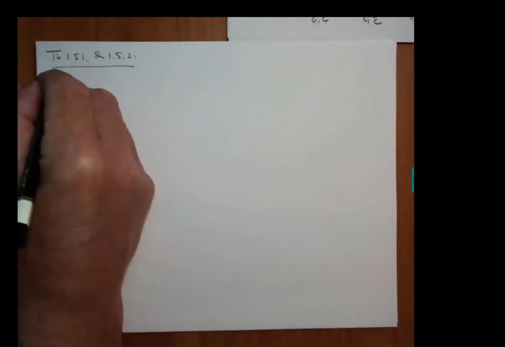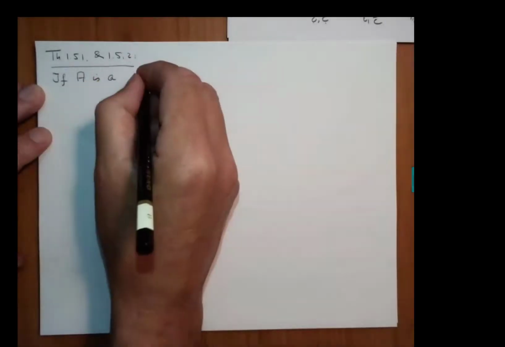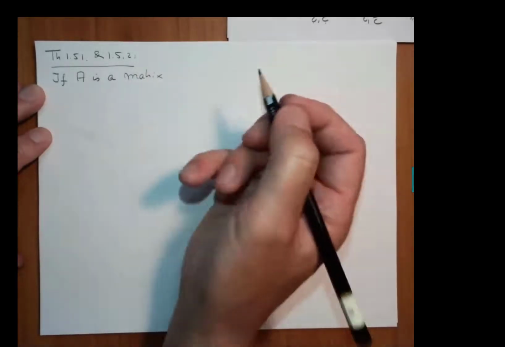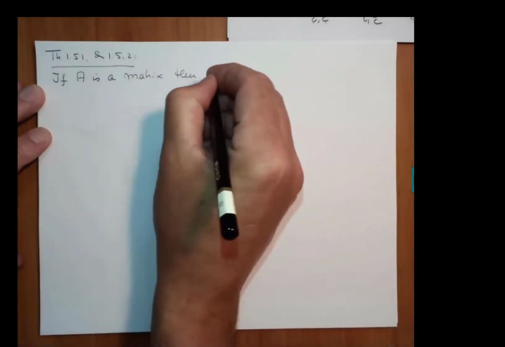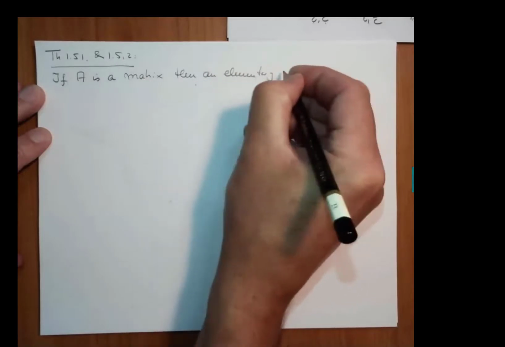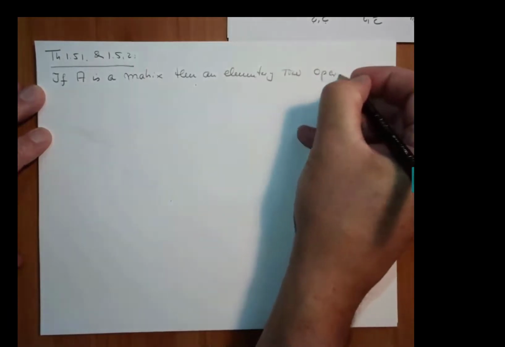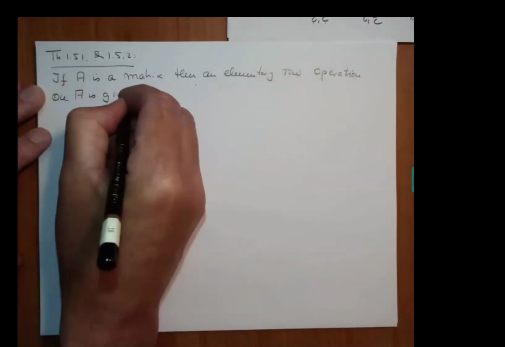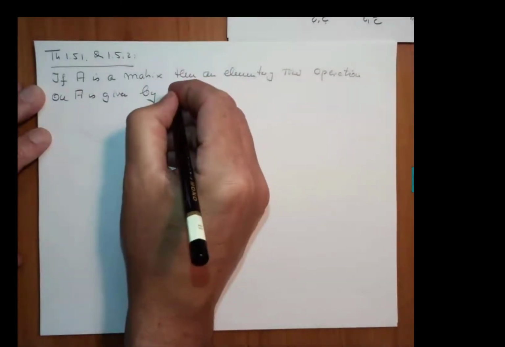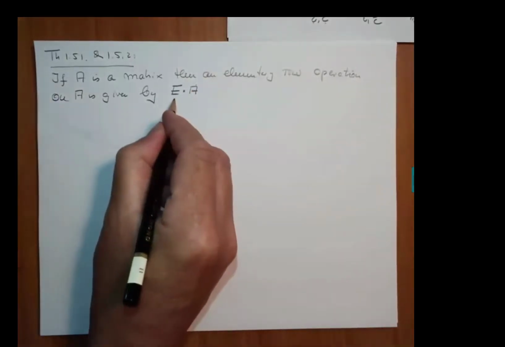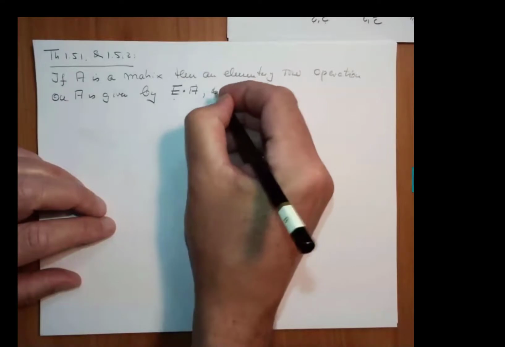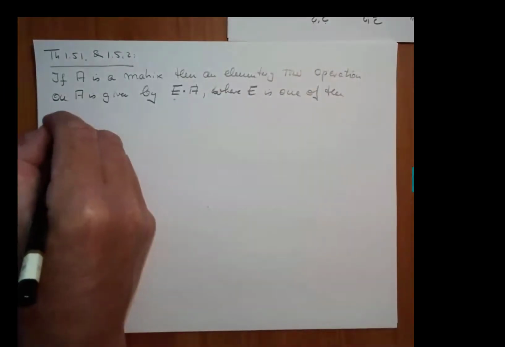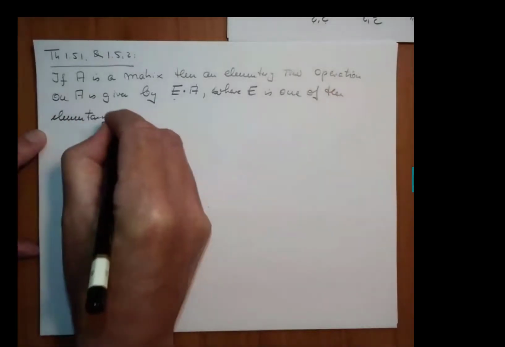And it says, if A is a matrix, can be any matrix m by n, doesn't have to be square, then an elementary row operation, one of the three we have, on A is given by a matrix multiplication E times A, where E, also E stands for elementary, where E is one of these elementary matrices.